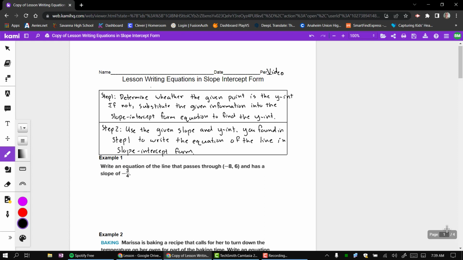So these are the two steps that we're going to use to solve out our examples and see what we're given. So let's start off with example one.